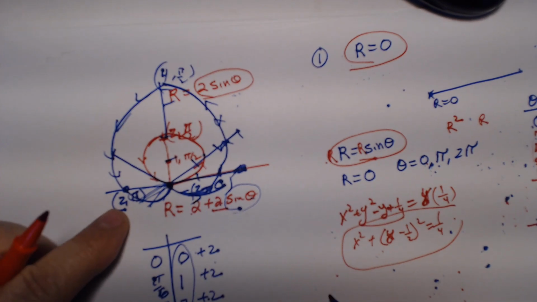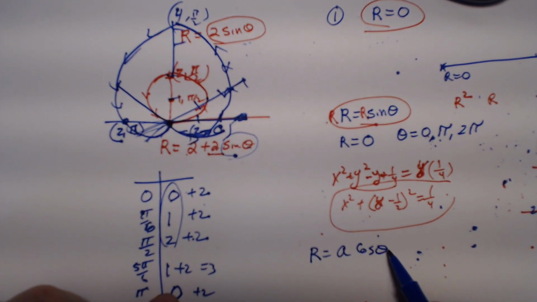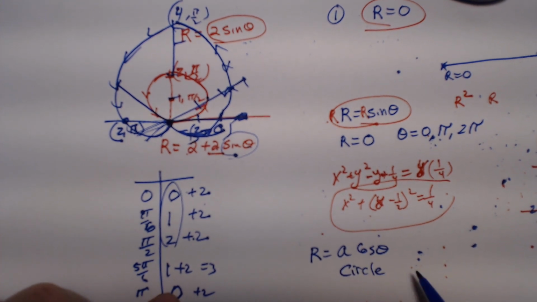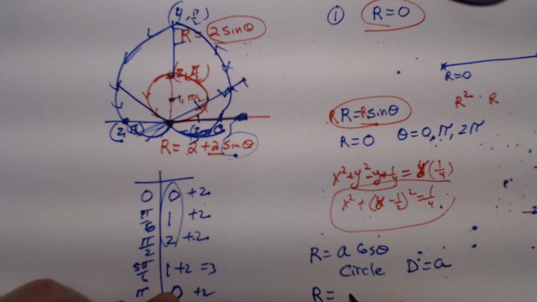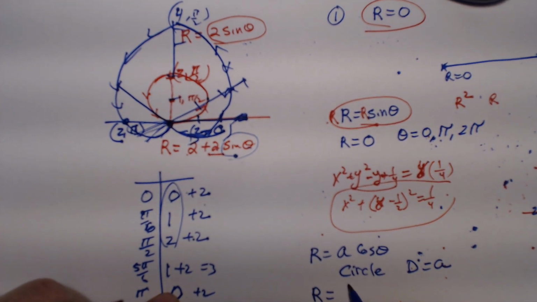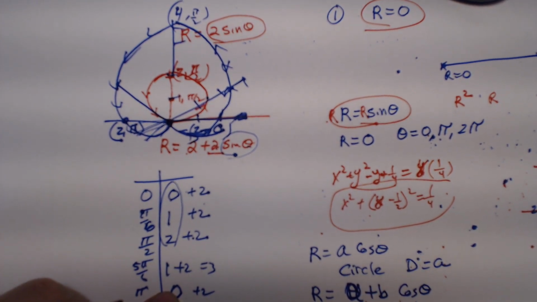Therefore, if you have R equal to A cosine theta, that's the circle, the diameter is A. R equal to, no, let me call it A plus B cosine theta.